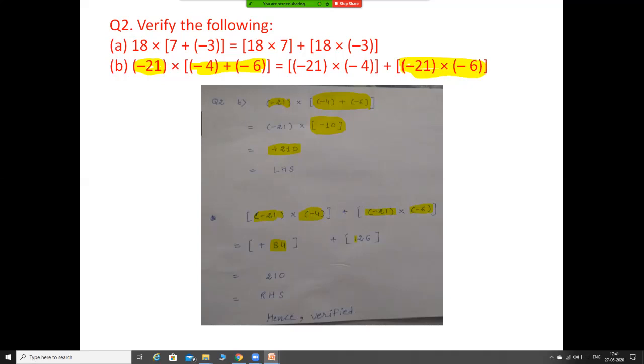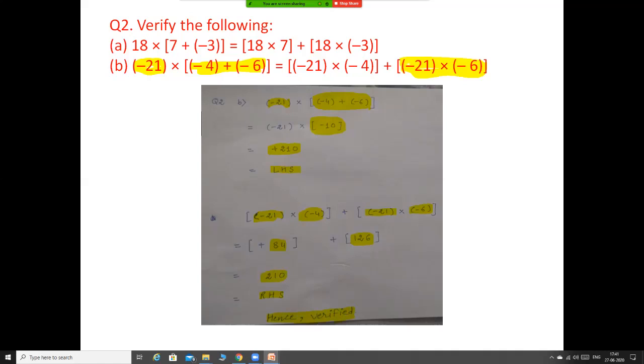Answer is plus 126. Now adding these two numbers, 84 plus 126, answer is 210. So in the left hand side, answer is 210. Right hand side, answer is 210. So answer is same, hence verified. This is the way we can solve the question, verify the following.